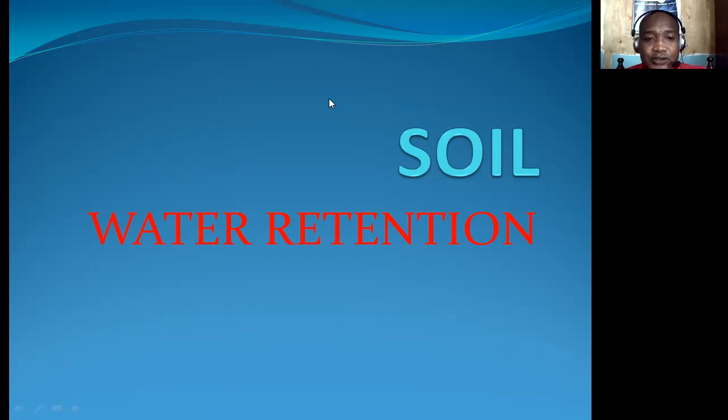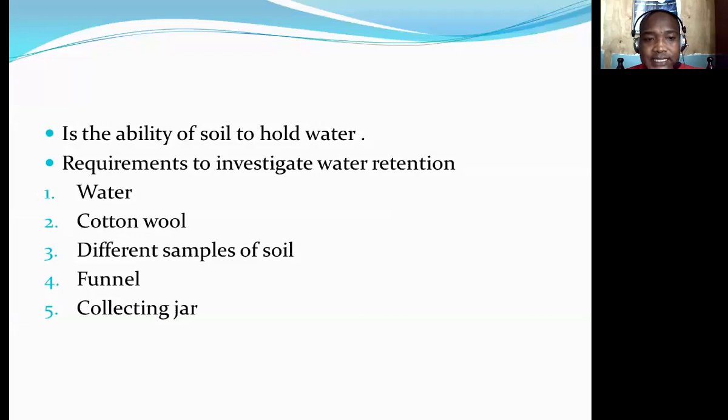Our topic is soil. The subtopic is water retention. Pupils, what is water retention? Water retention is the ability of soil to hold water. We want to carry out an experiment to investigate water retention in soils.